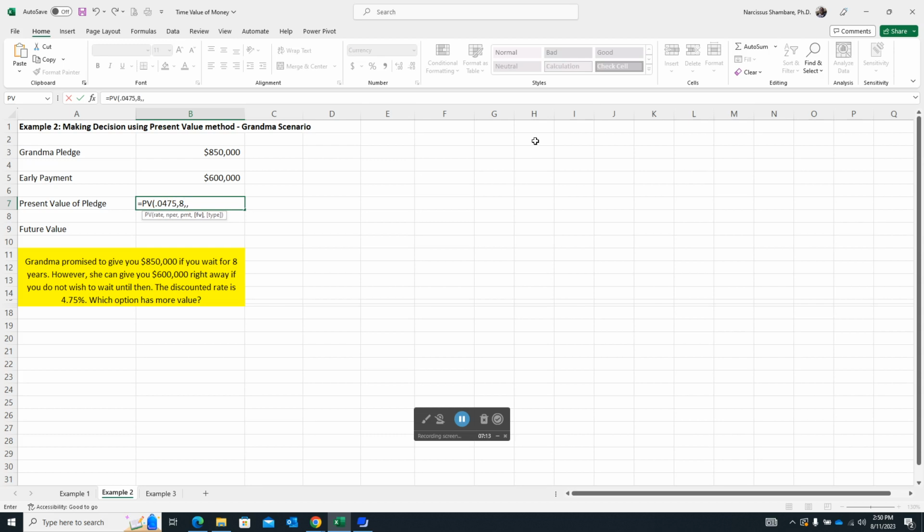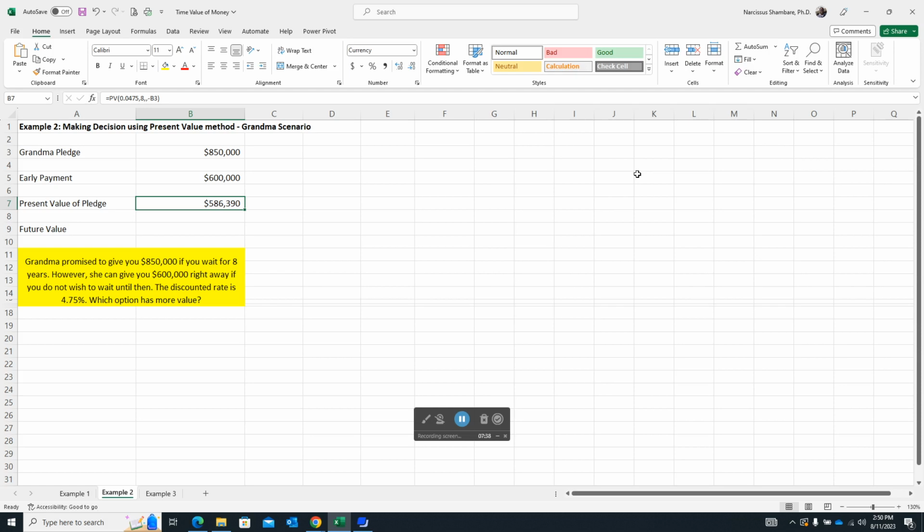So we'll put another comma here, and the future value is 850,000. And of course, we always must remember to put a minus because we want Excel to return a positive value.